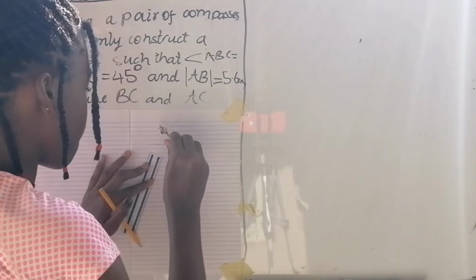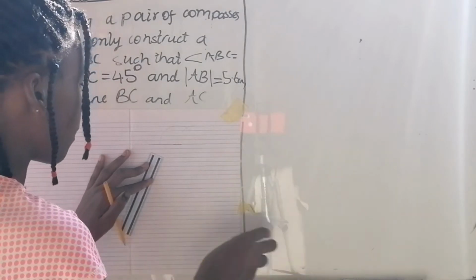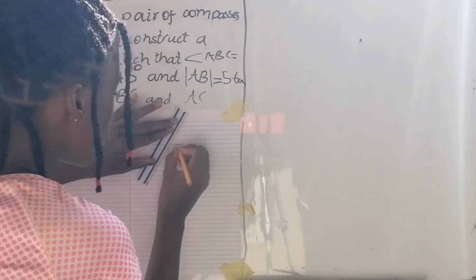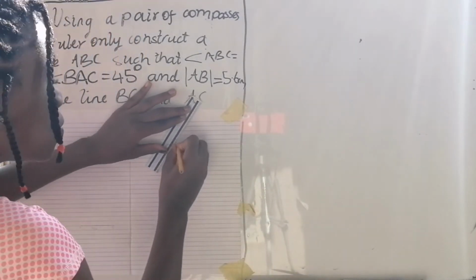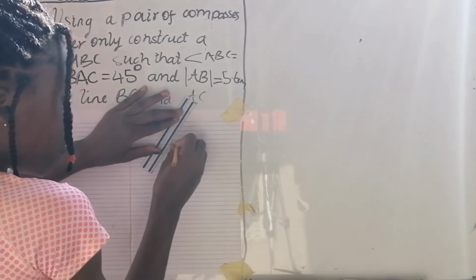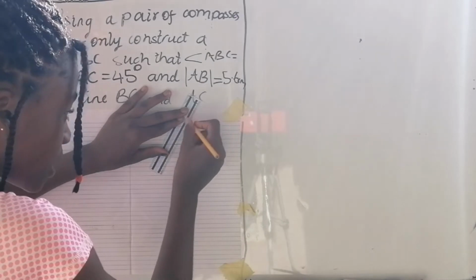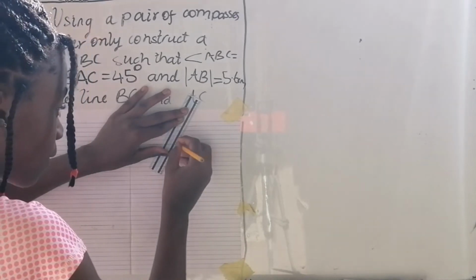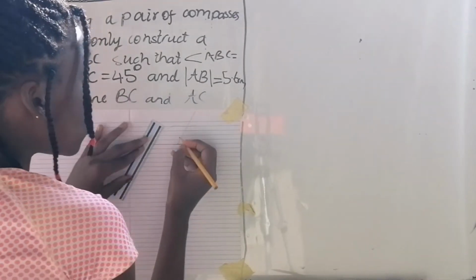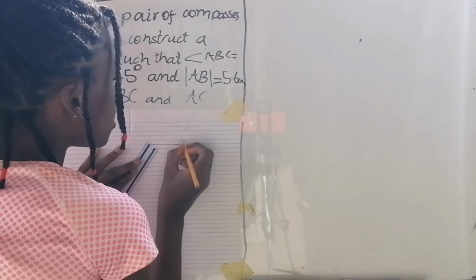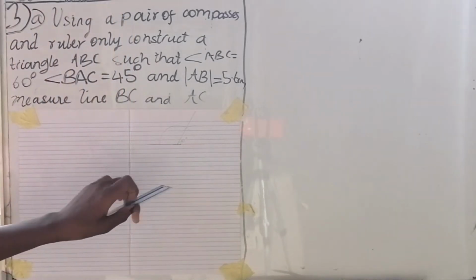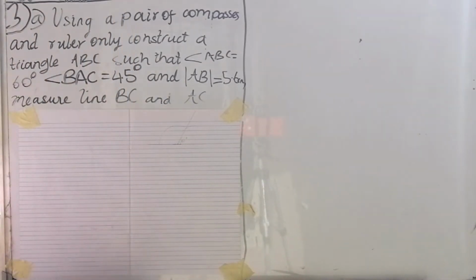Yes, here. Then I draw a straight line that starts from the point here and touches this intersection between the arc and the semicircle. So this is 60 degrees.